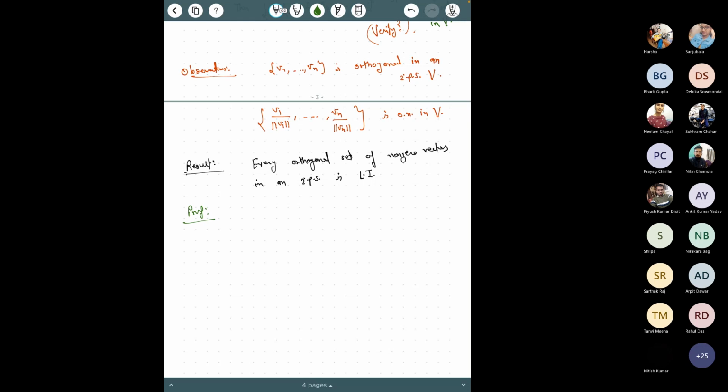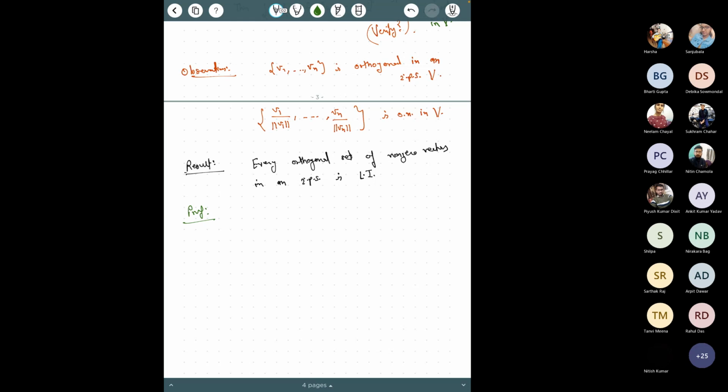Then multiply by some vector, and all the terms are 0 except one. Multiply means take the inner product. Yes, I agree.